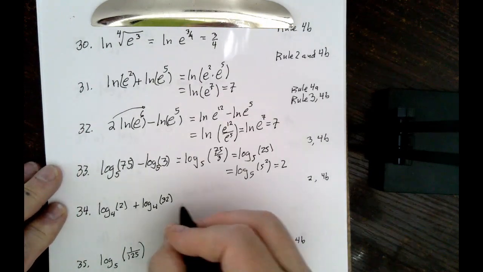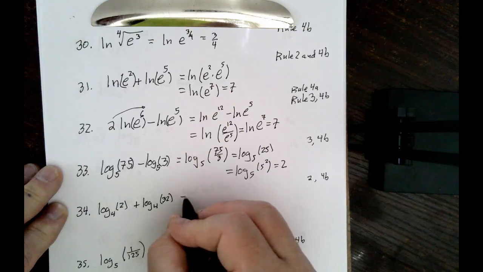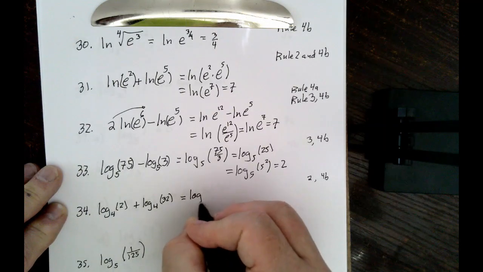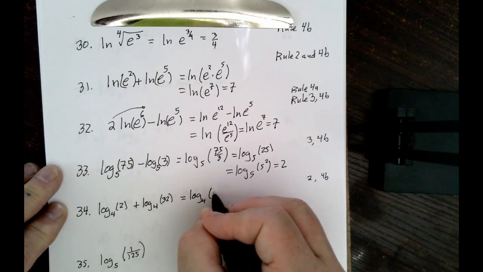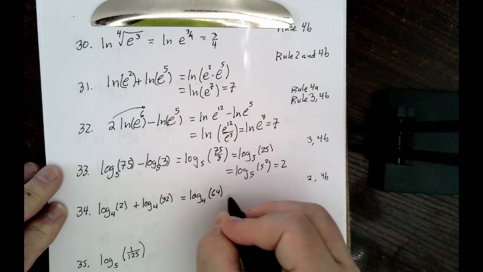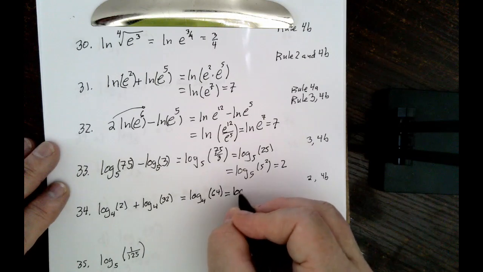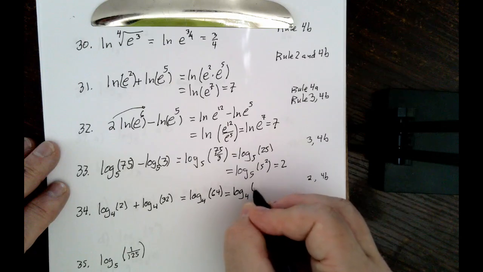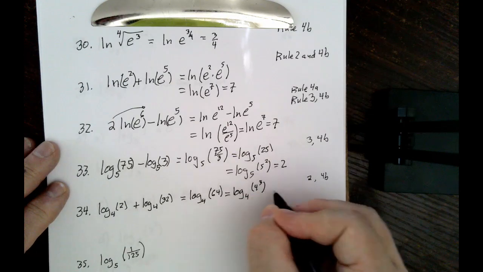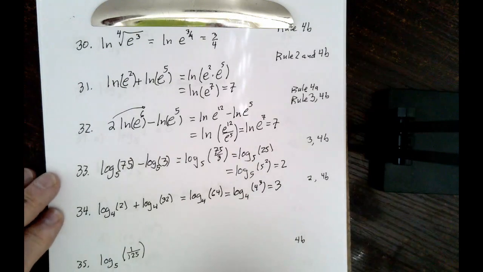Alright, 34, you can bring these together using Rule 2. They become multiplication. Then you can write 64 as 4 to the 3rd power. And that's just 3.